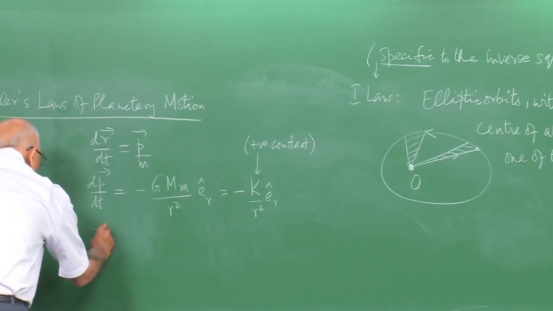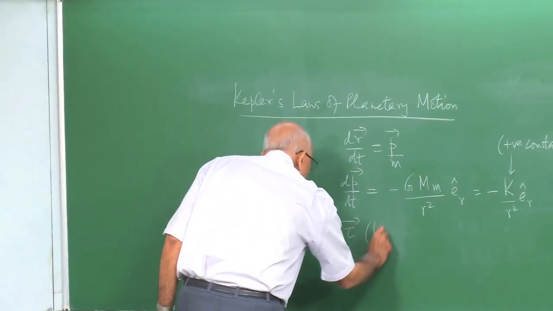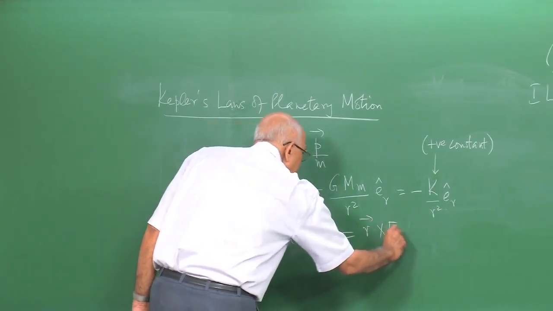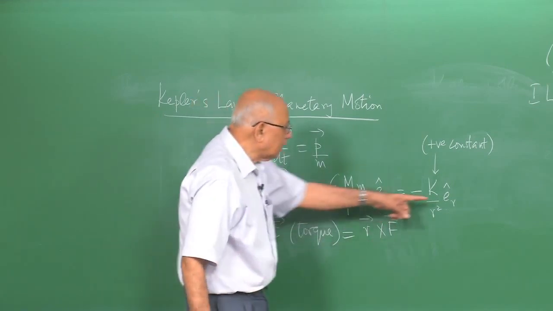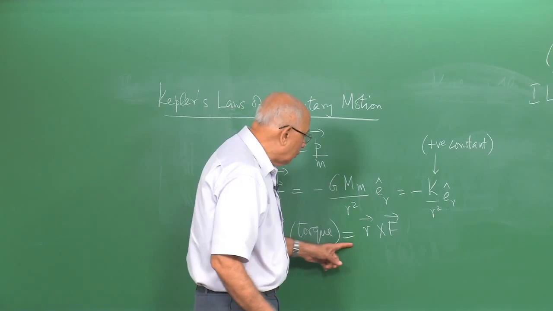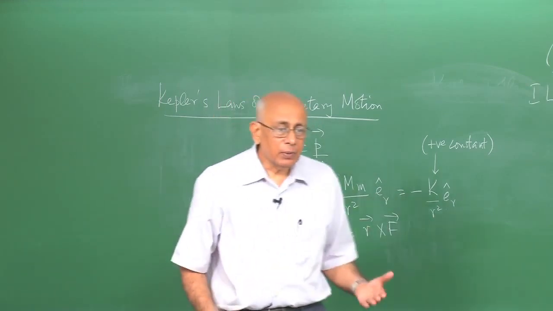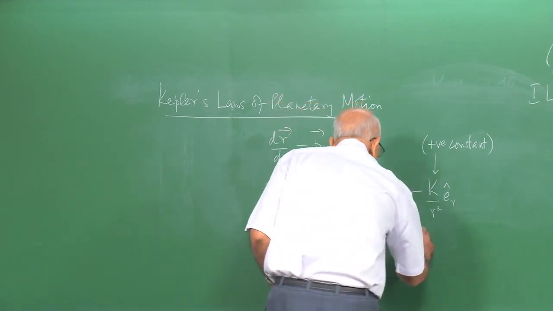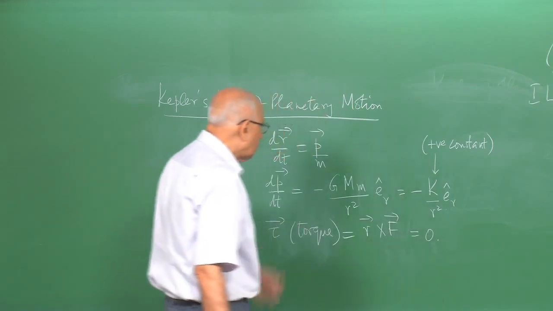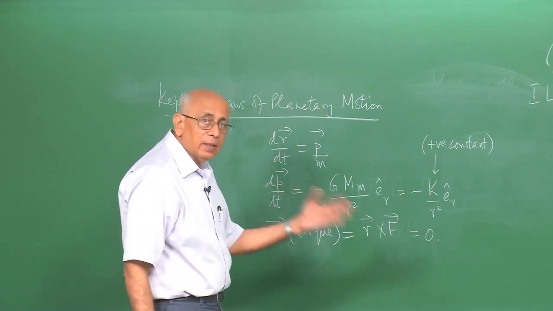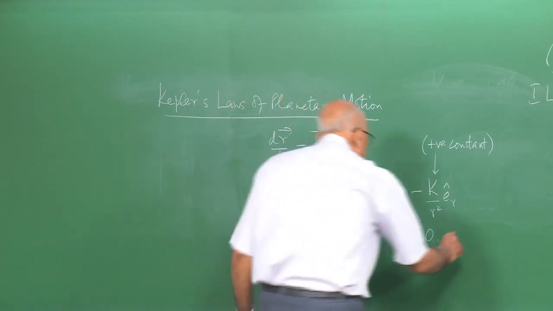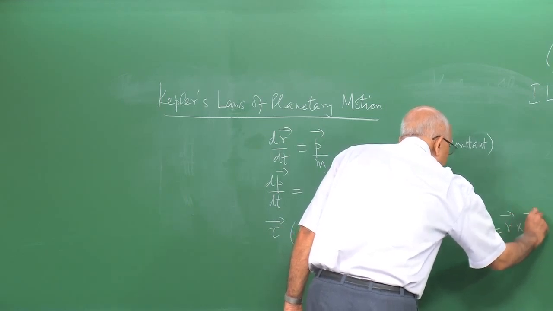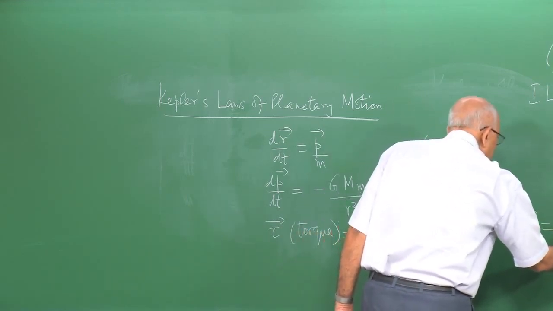Notice that the torque on the particle, tau, is equal to r cross f, but f is in the radial direction inwards, and therefore r cross f, the sine of the angle between the direction of the force and the radius vector, is 0, and therefore this is equal to 0. And if the torque on the particle is 0, as it is in any central force, it immediately implies that the orbital angular momentum L equal to r cross p is a constant of the motion.